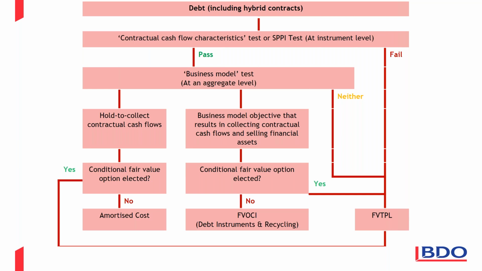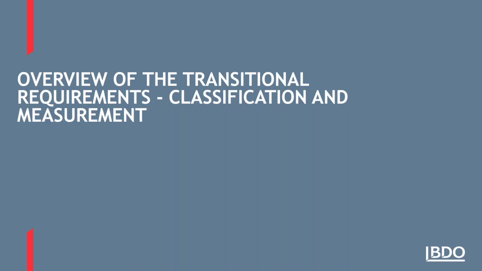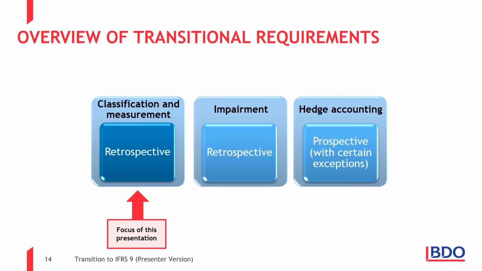So that's all revision of what we already know, and just to make sure we know what we are transitioning to. So now we're getting to the transitioning bit. If we look at the transitional requirements, remember I said I'm going to focus on classification and measurement, which means these four categories of financial assets. The transitional requirements are structured so that there are requirements for classification and measurement, and they are applied retrospectively.